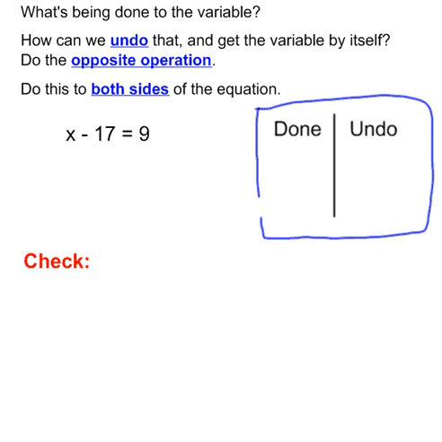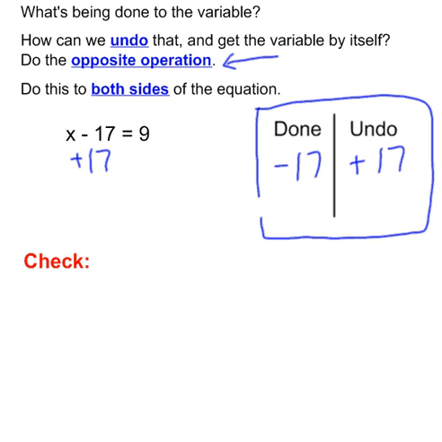And for this equation, it's really simple. What's being done to the variable x? We're subtracting 17. And so to undo it, we do the opposite operation. That means to undo, we're going to add 17. And whatever we do to one side of the equation, we're going to do to the other side also.